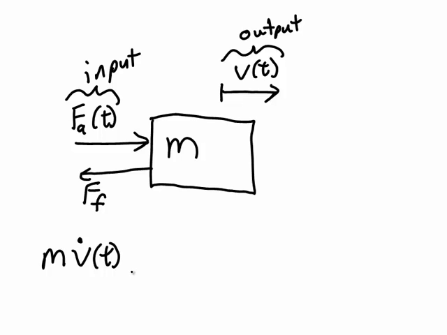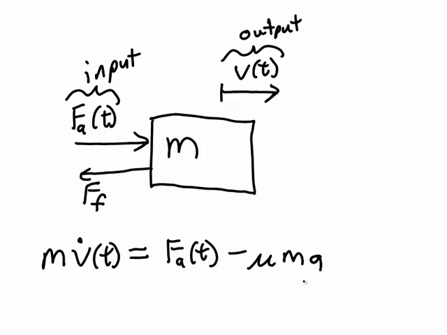So the left-hand side of the equation has mass times acceleration. I need to sum the forces for the other side. On the other side of the equation, I have the applied force. This is the input. I also have the force of friction, which I'll say here is equal to mu times mass times gravity.